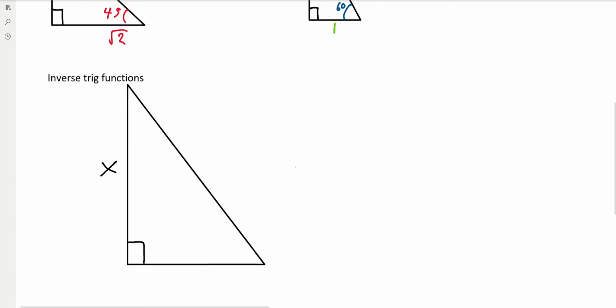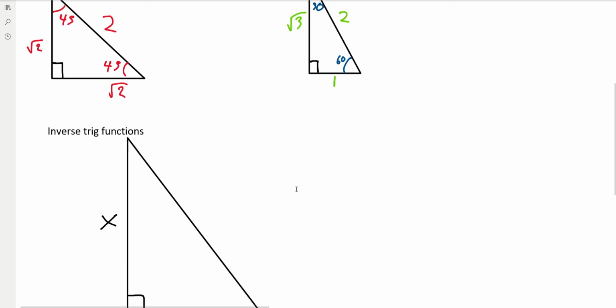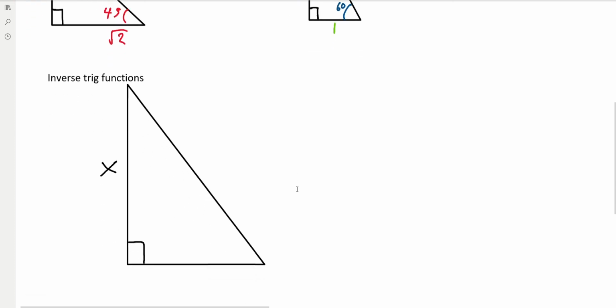So this video we are going to look at examples where we have two sides. So let's make this one 5 and this one 10, where we have two sides and you're looking for the angle.